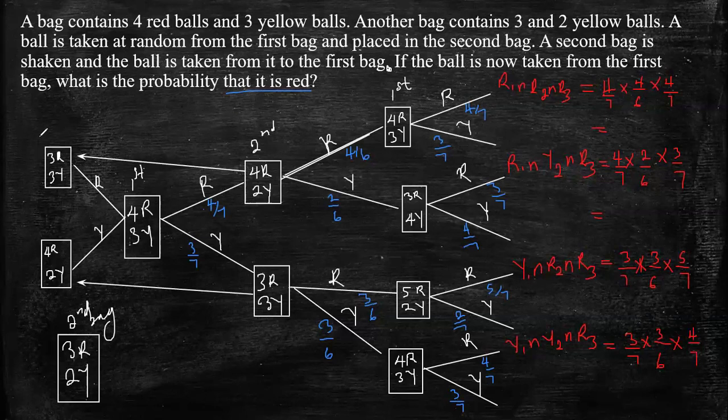So what is the answer for the first one? 4 out of 7 times 4 out of 6 times 4 out of 7. Teacher, the answer is 32 out of 147.